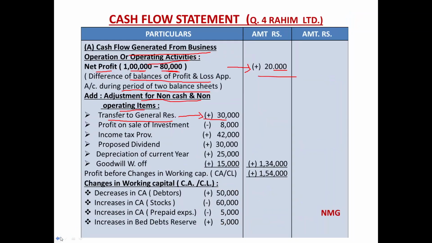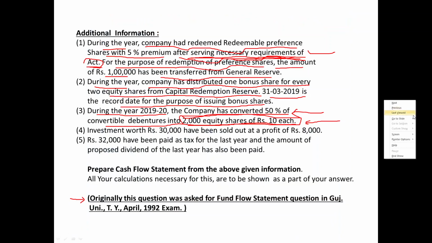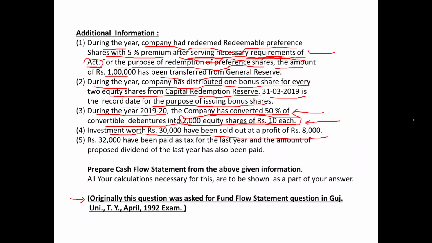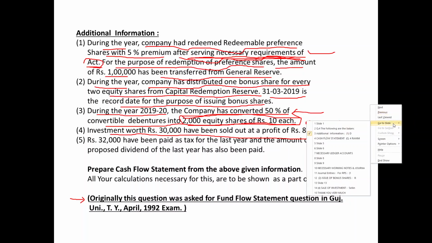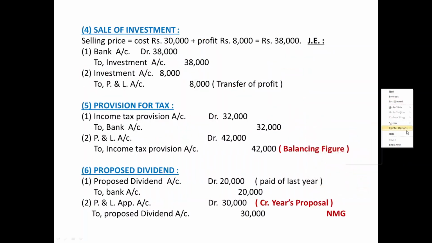Next point. Let us verify the additional information. Point number 4. Investment worth rupees 30,000 have been sold out at a profit of rupees 8,000. It means selling price must be 38,000. Let us prepare a working note for this point of investment.